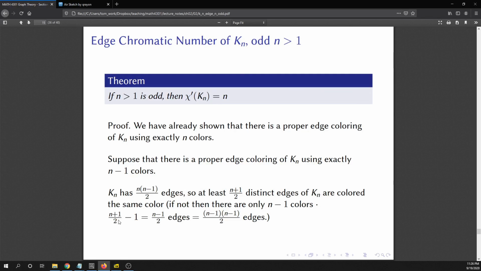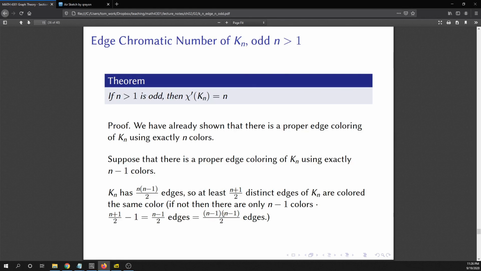Well, n plus 1 over 2 minus 1 is, with a little algebra, n minus 1 over 2 edges. Then if we multiply n minus 1 colors times n minus 1 over 2 edges, that would give us n minus 1 times n minus 1 over 2 edges, and we know that K sub n has n times n minus 1 over 2 edges. And so that would not be enough.